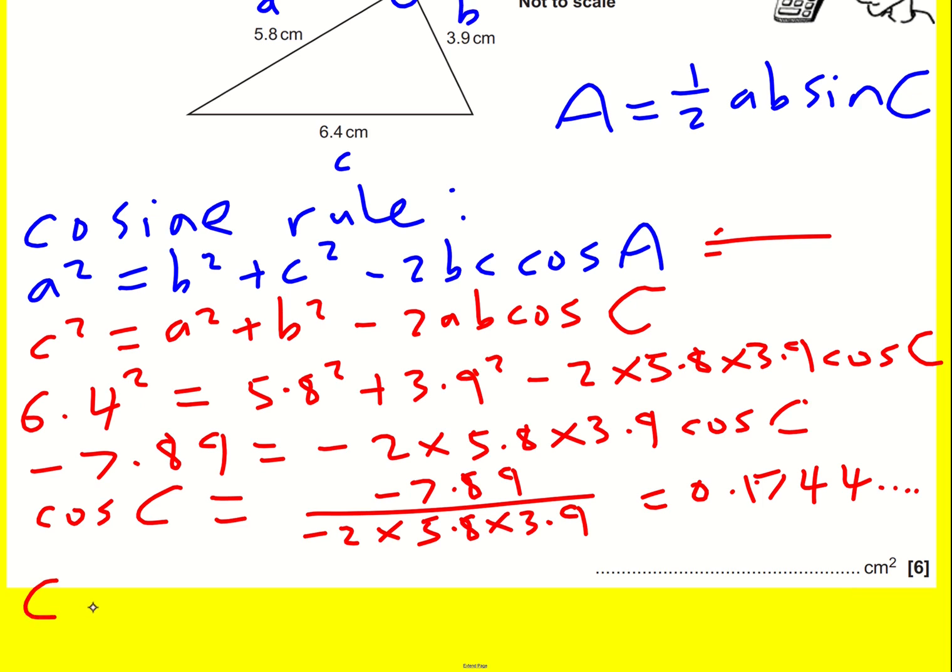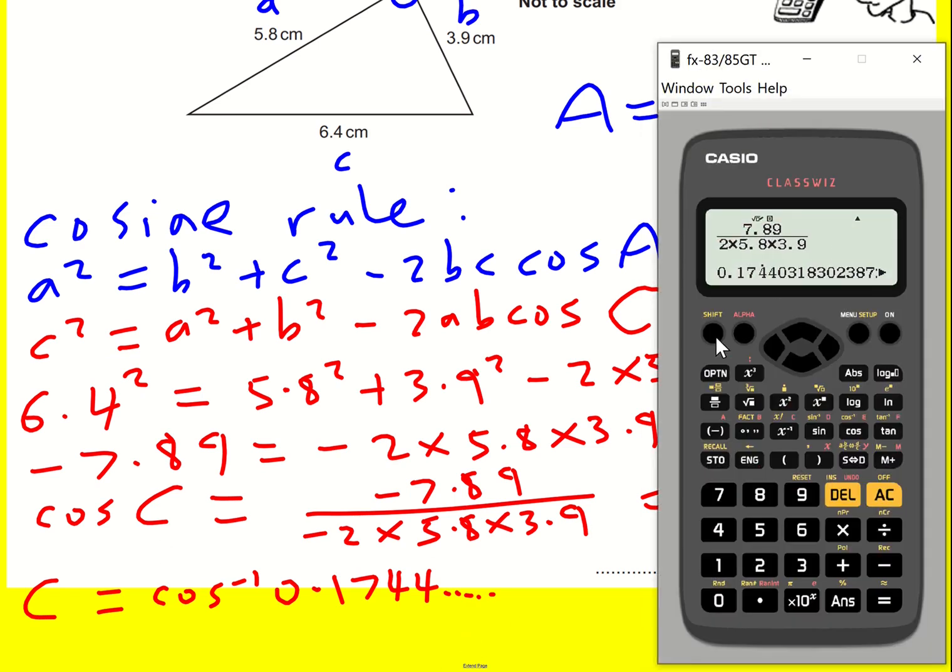So that means that capital C is inverse cos of 0.1744. Because if I've got cos of it, I just have to do the opposite of cos. That's what inverse cos is. On the calculator, I can do shift cos and then the answer, because then I've got it as accurately as possible. I've not done any rounding so far. 79.956.